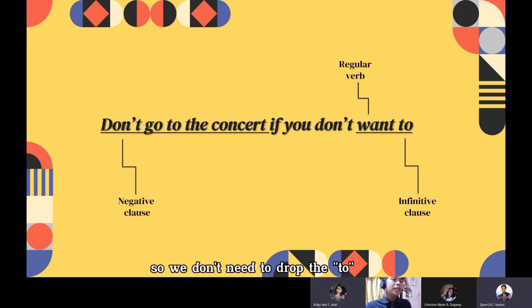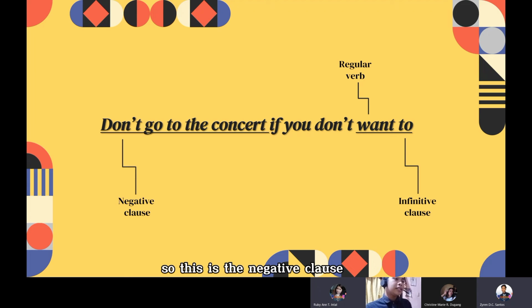We don't need to drop the "to." We can just say "Don't go to the concert if you don't want," but because it has a negative clause with a "don't," we don't need to drop the infinitive "to" after the verb "want," just like this.